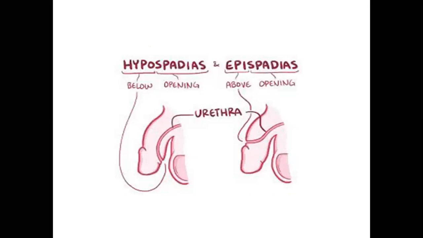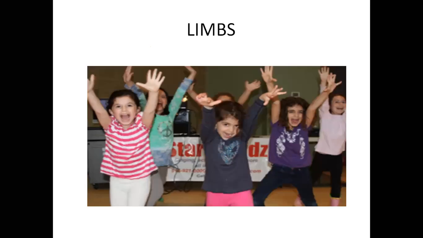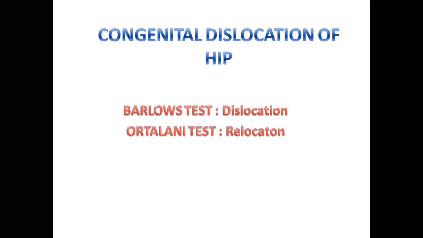So this is about hypospadias and epispadias. Then this is a hydrocele. Then coming to the limbs of the babies: congenital dislocation of the hip. What you should know as an undergraduate is that there is one condition called developmental dysplasia of the hip.